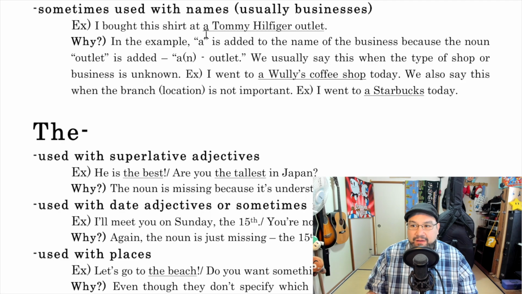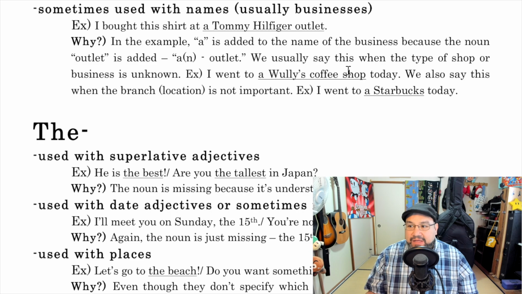Or actually an outlet. So it says why. In the example, a is added to the name of the business because the noun outlet is added. An outlet, just like I said.